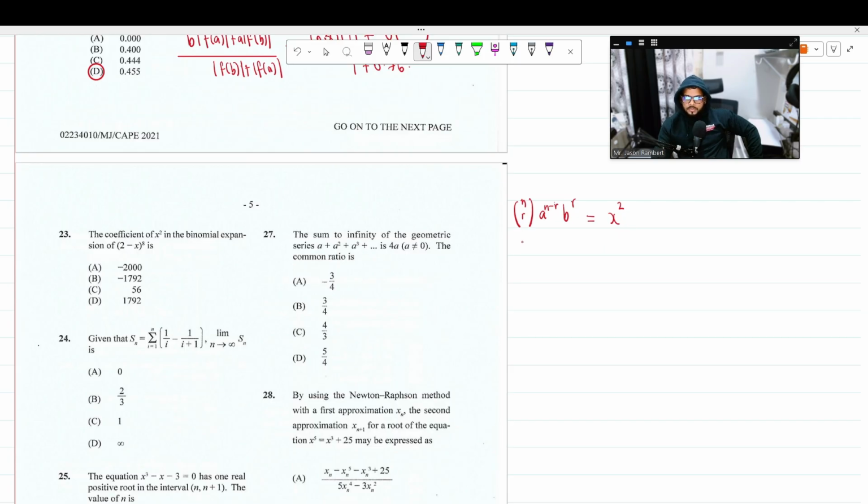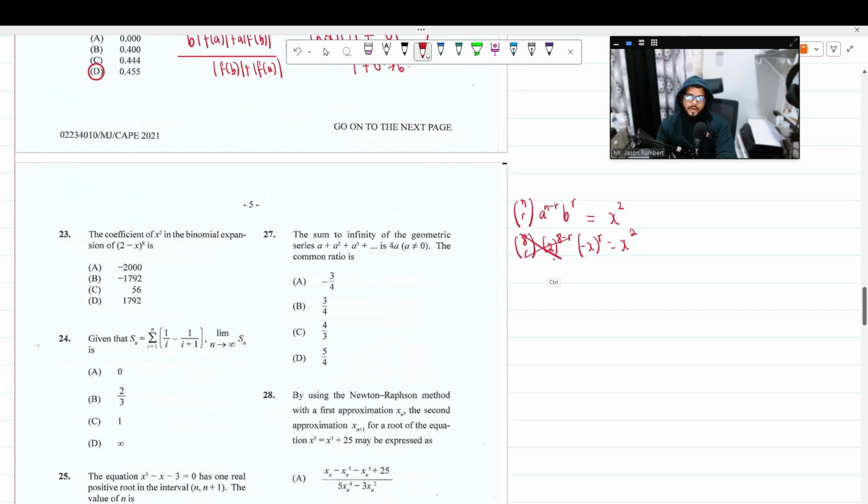n is 8, so 8Cr. a is 2, so 2 to the 8 minus r. b is minus x. I don't really care about all of this as yet.